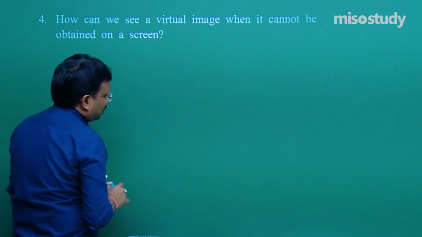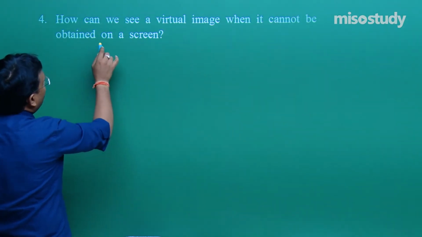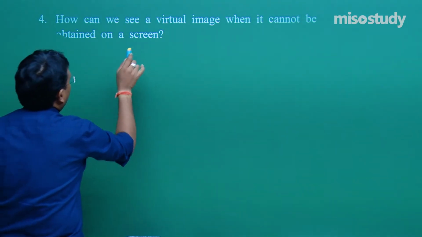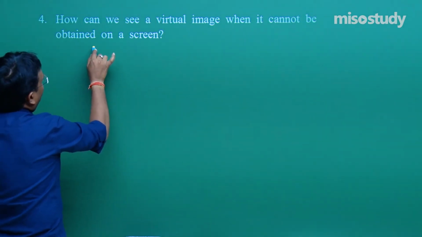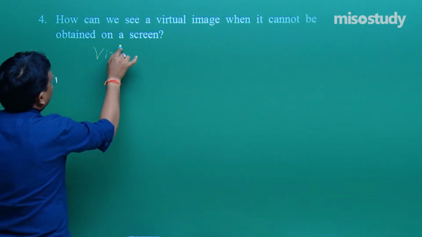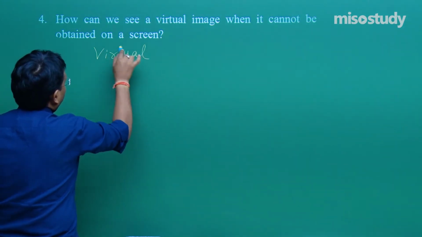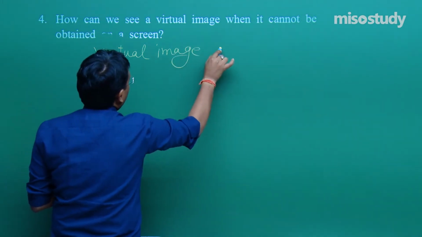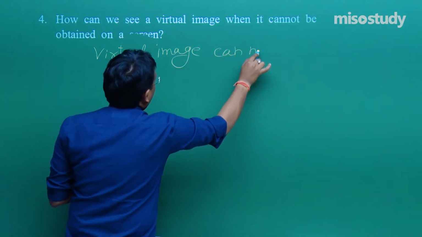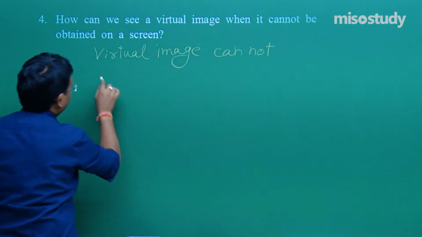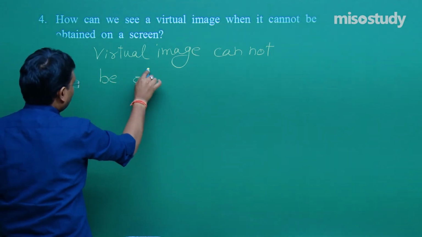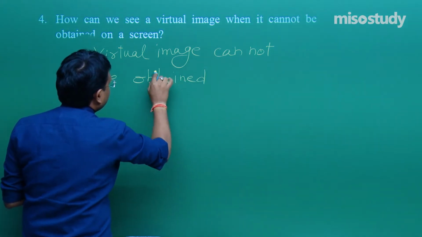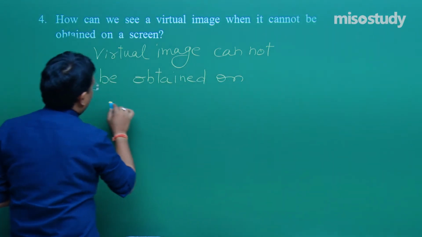In this particular question you should mention, how can we see a virtual image when it cannot be obtained on a screen? Fine. Virtual image cannot be obtained on screen.